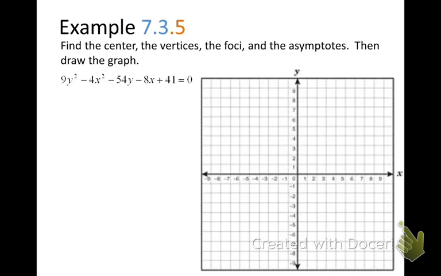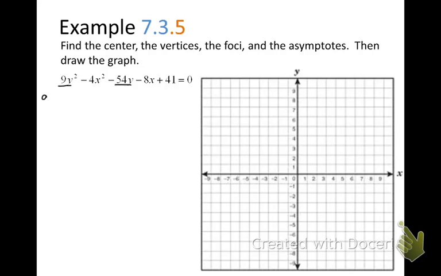How do I know I have to complete the square? Because I have the linear x and y terms, right? So if I have both a y squared and a y term, I'm going to have to complete the square. And I have y squared and y and x squared and x. So the first term I'm going to complete my square on are my y values. So I'm looking at this and I'm looking at this. If I'm going to start to complete the square in those, what's my first step going to be?